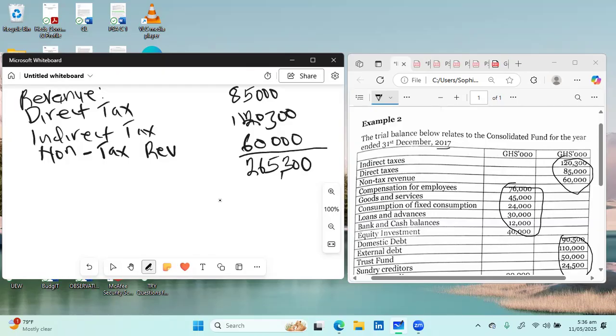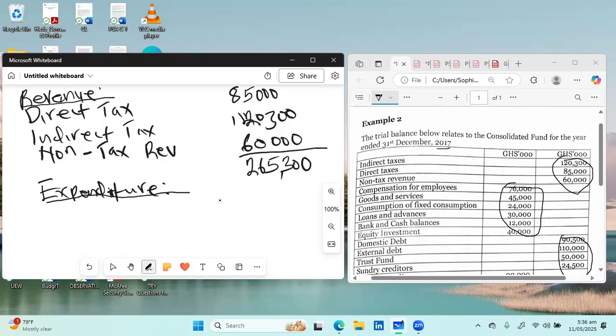So our expenditure. In exams, when you hear prepare statement of financial performance, this is what they are asking. You have your revenue, you have your expenditure.